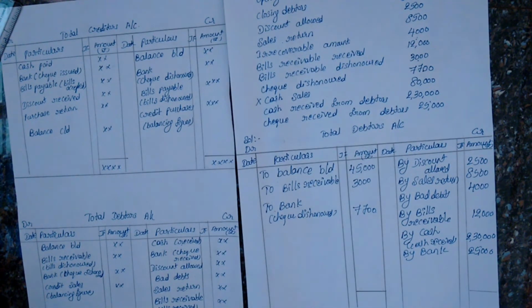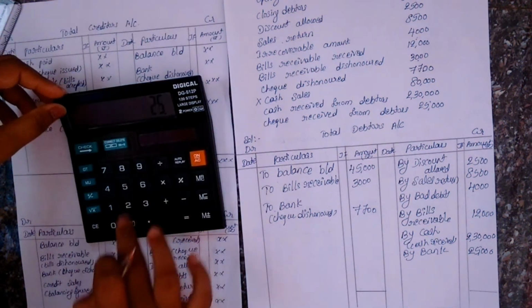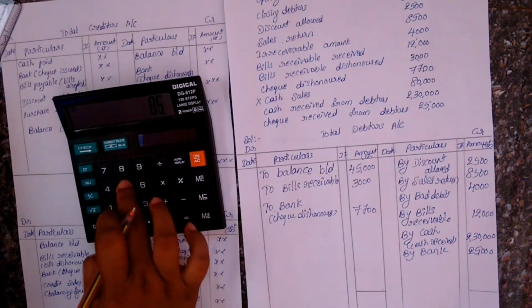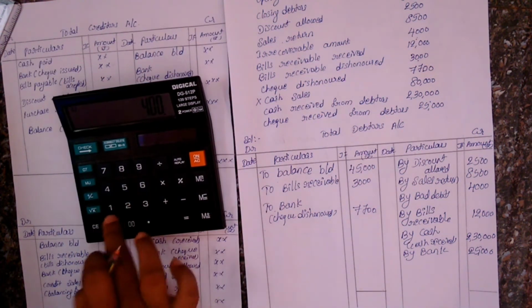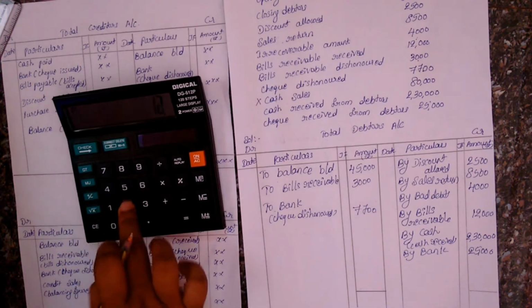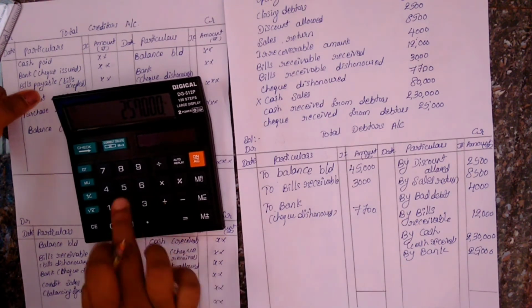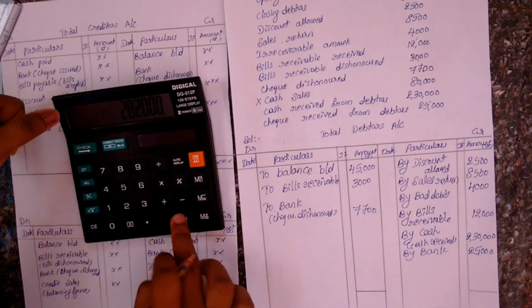We'll calculate the total of the credit side first because it is having more amount. The first one is 2,500 plus 8,500 plus 4,000 plus 12,000 plus 2,30,000 plus 25,000.